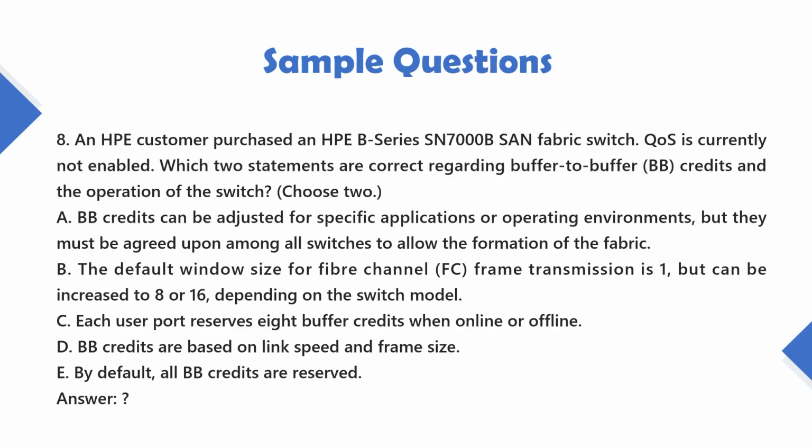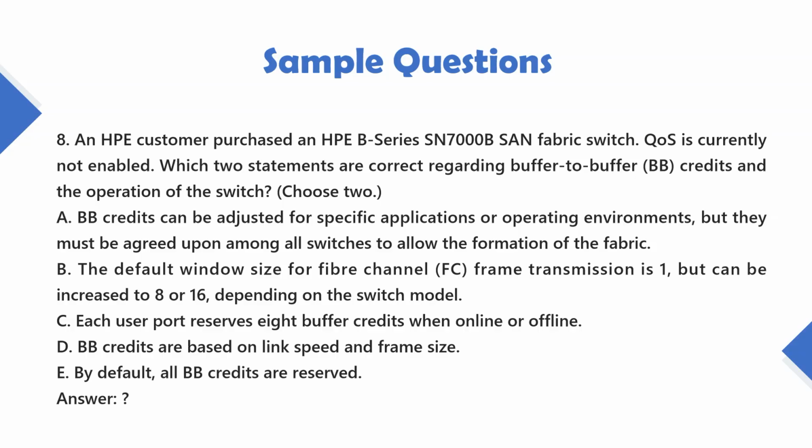8. An HPE customer purchased an HPE B-Series SN7000B SAN fabric switch. COS is currently not enabled. Which two statements are correct regarding buffer-to-buffer, BB, credits and the operation of the switch? Choose 2. A. BB credits can be adjusted for specific applications or operating environments, but they must be agreed upon among all switches to allow the formation of the fabric.